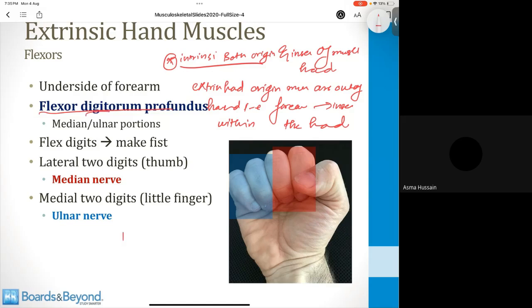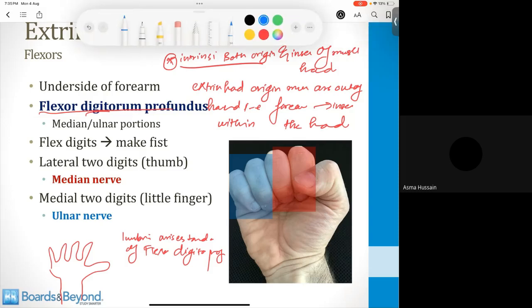Remember, your lumbricals basically arise from, for example, if this is your hand, fingers, right? Okay. And your flexor digitorum profundus has 1, 2, 3, and 4. These are the tendons of your flexor digitorum profundus, right? Okay. The lumbricals arise from the tendons of the flexor digitorum profundus. Am I right?